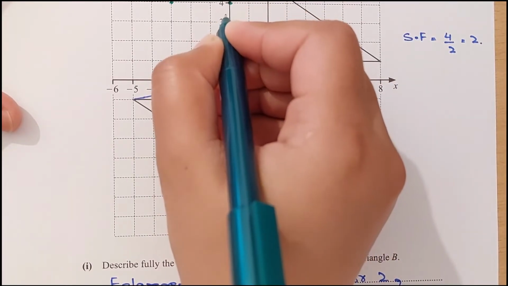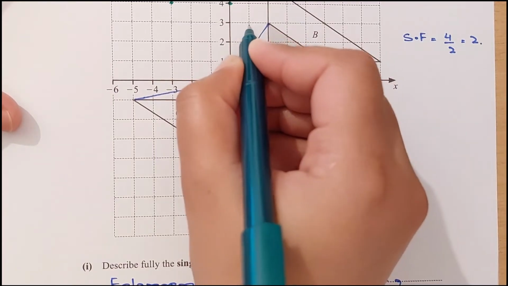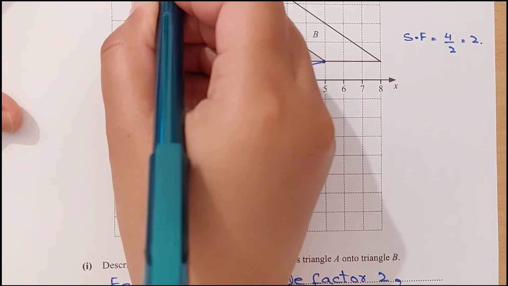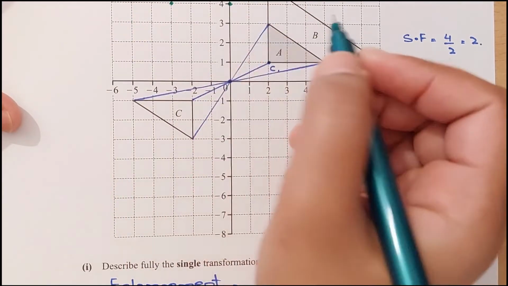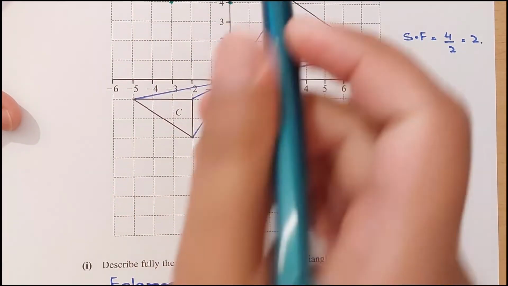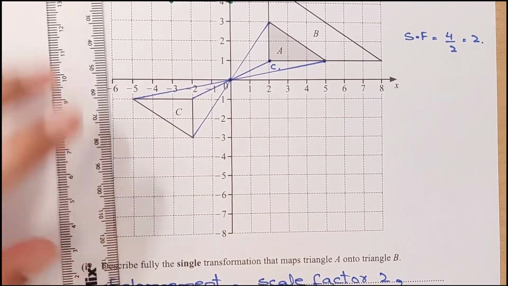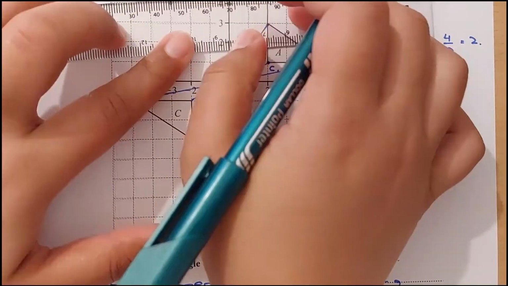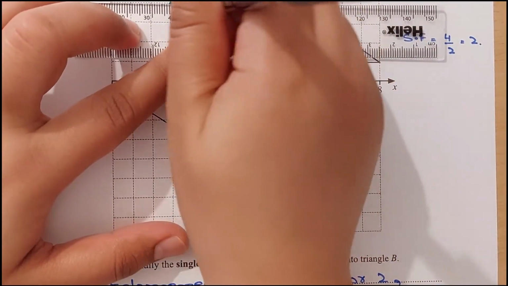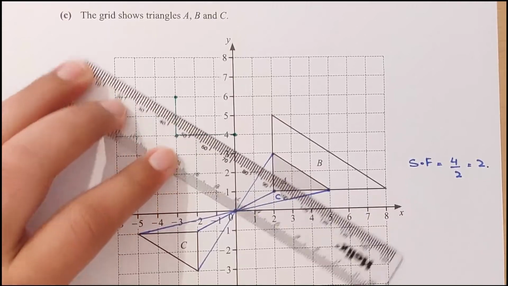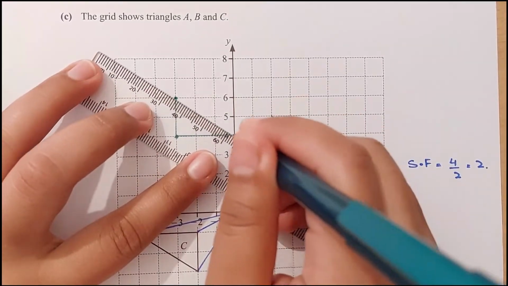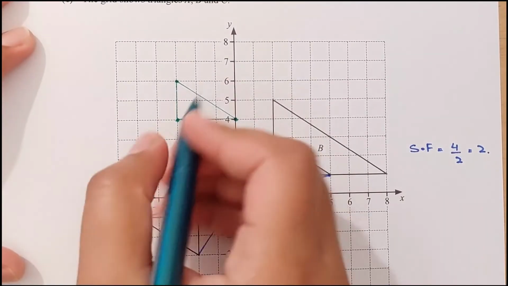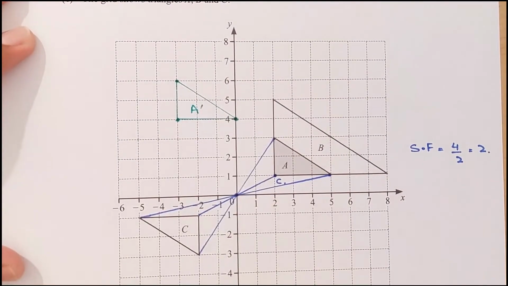That is (0, 4). And this point is 1, 2, 3, 4, 5, and 1, 2, 3, so this point is (-3, 6). Right. So this is the triangle A after translation, 5 units left and 3 units up. This is the transformed A prime, let's say.